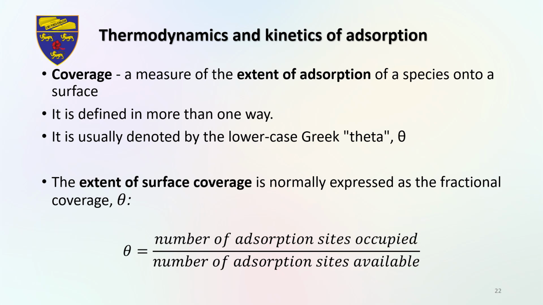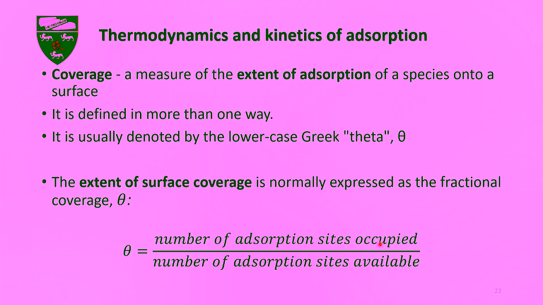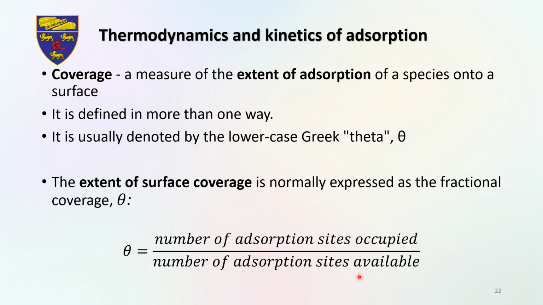Next, to quantify adsorption, we use the extent of surface coverage, represented by the lowercase Greek letter theta. It is defined as the ratio of the occupied adsorption sites to the total available sites.